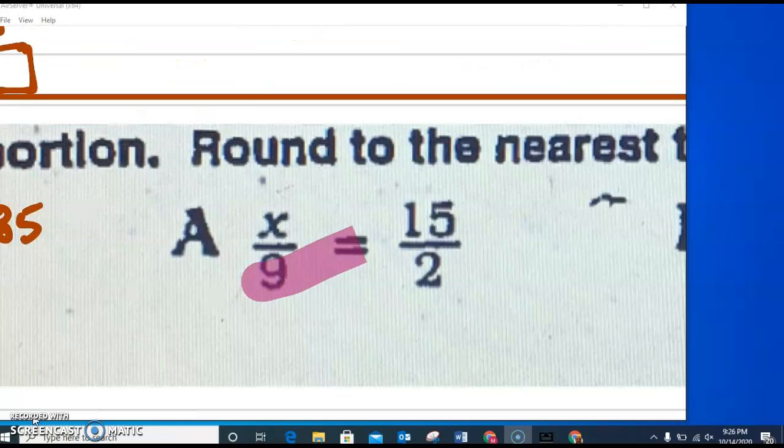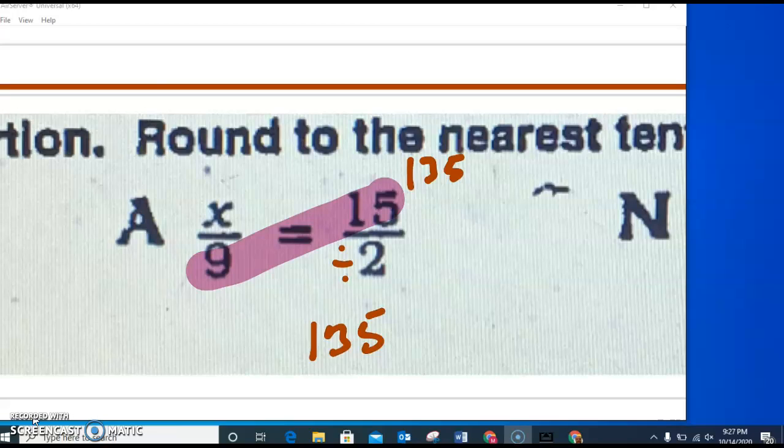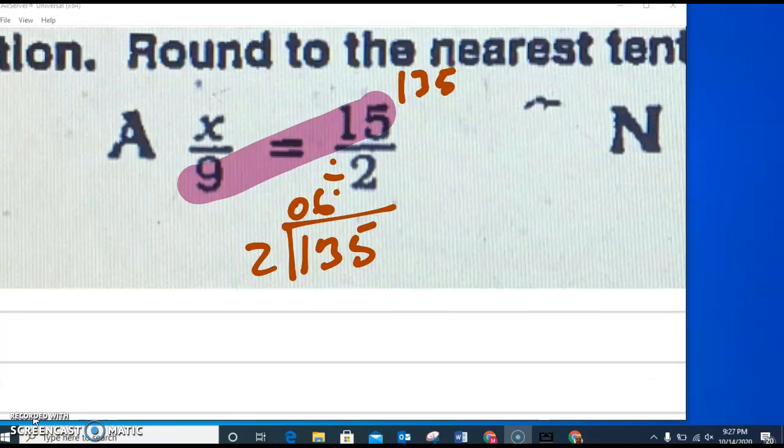Going to multiply what you can, divide by the number that's left. 9 times 15, well 9 times 10 is 90. 9 times 5 is 45, so 9 times 15 is 135. So now just divide by that extra number. 135 divided by 2. 2 goes into 13 6 times.